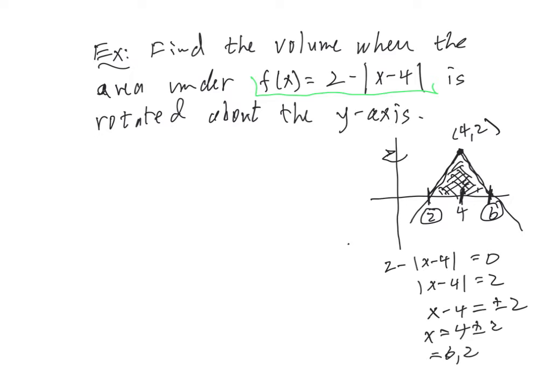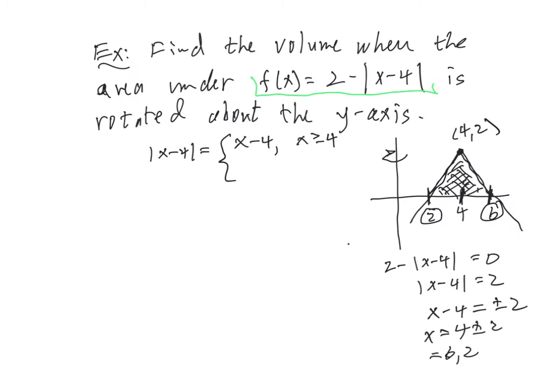Well, let me show you how to do this. The absolute value of x minus 4, the way we define the absolute value function in Calc 1, and the way you did it in your pre-calculus classes as well. The absolute value of a number is the number itself if that number is positive. Well, x minus 4 is going to be positive provided x is bigger than or equal to 4.